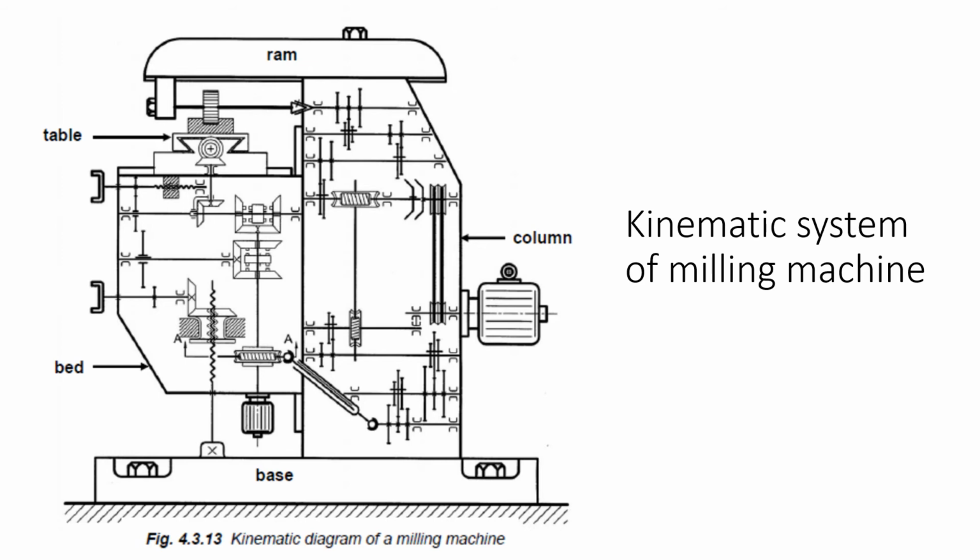Figure 4.3.13 typically shows the kinematic diagram of the most common and widely used milling machine having rotation of a single horizontal spindle or arbor and 3 feed motions of the work table in X, Y and Z directions.